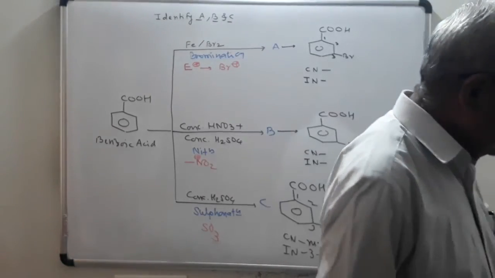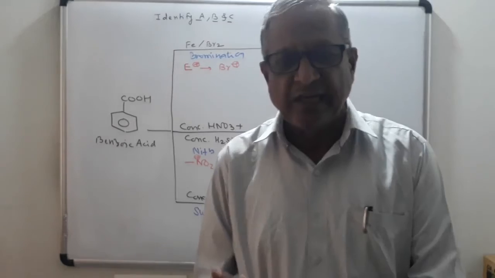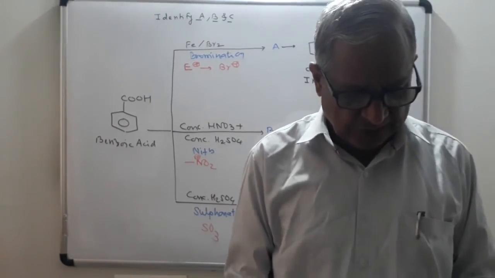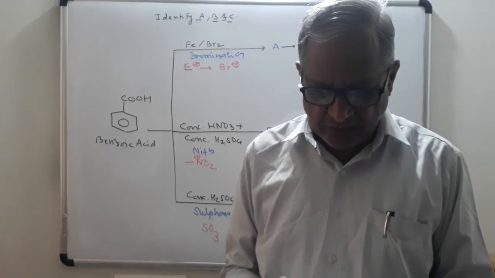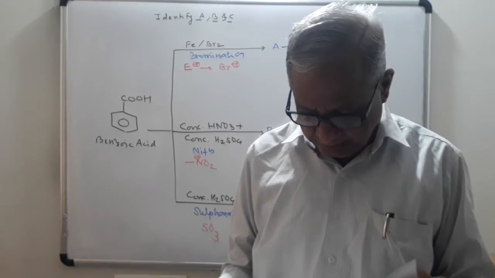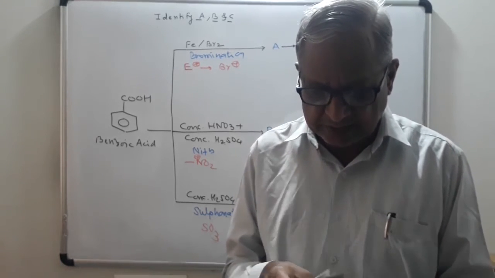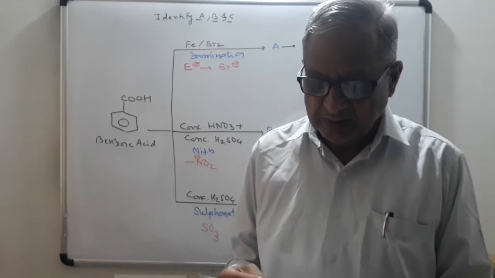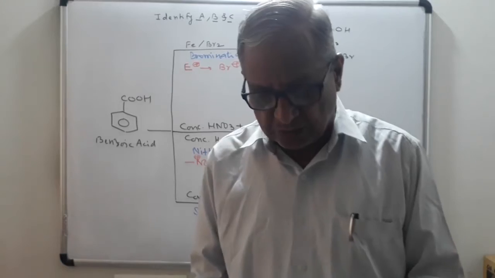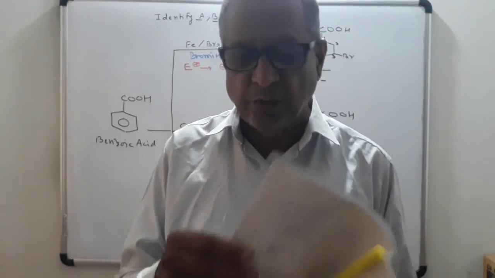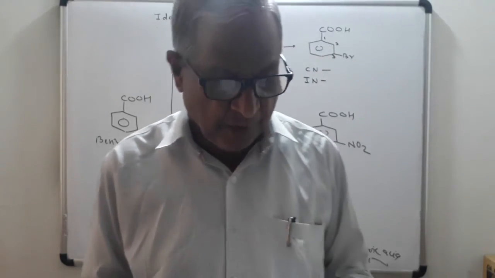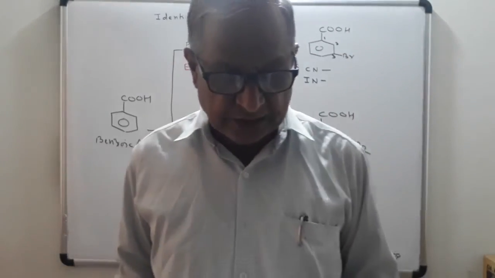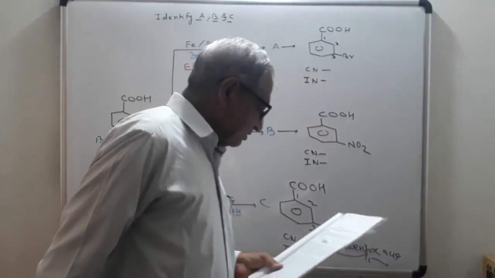Now only one part remains in this topic, that is the uses of carboxylic acids. It is a theoretical part. I will just read the points. Carboxylic acids are used to prepare other compounds. Formic acid is used in the preparation of rubber and textiles.